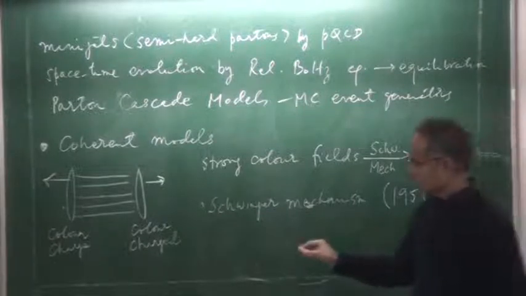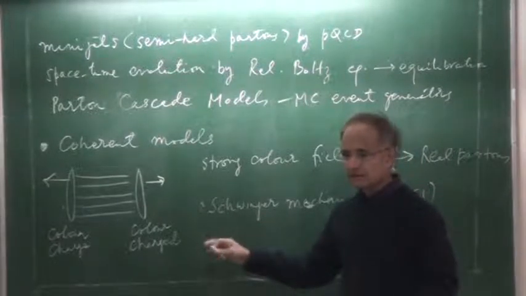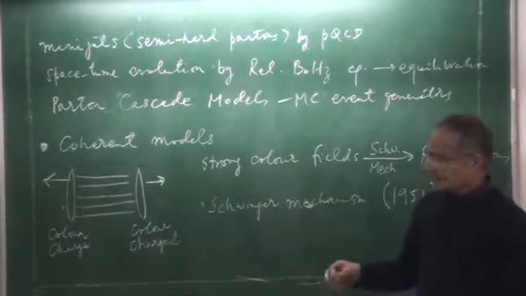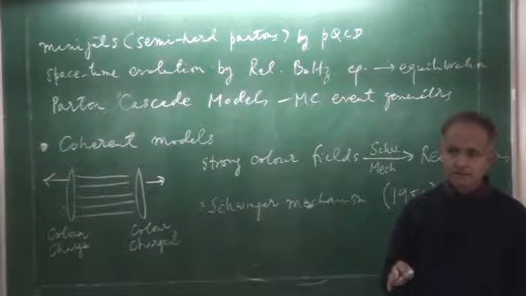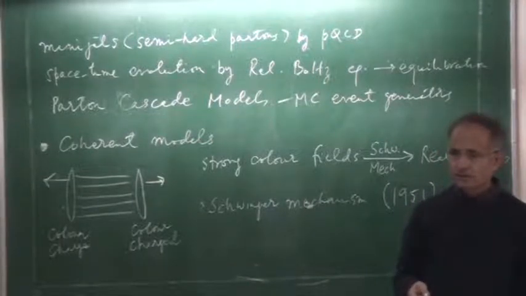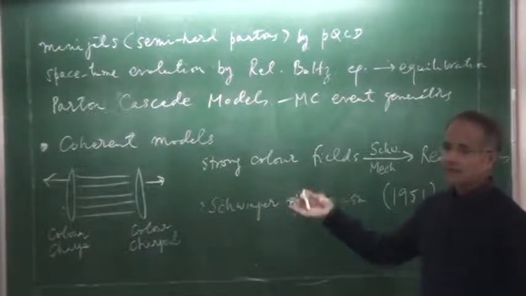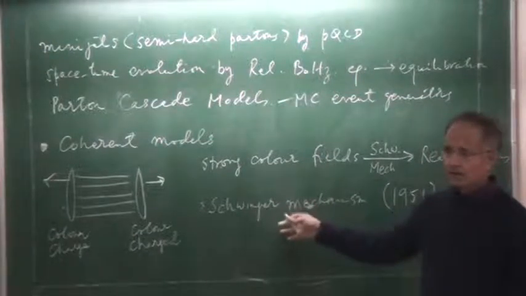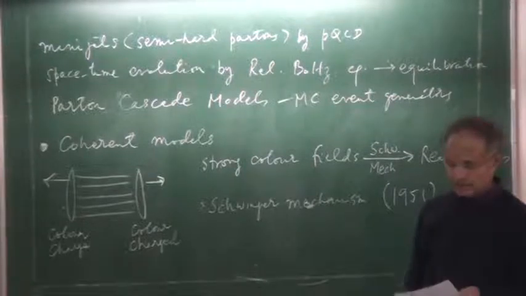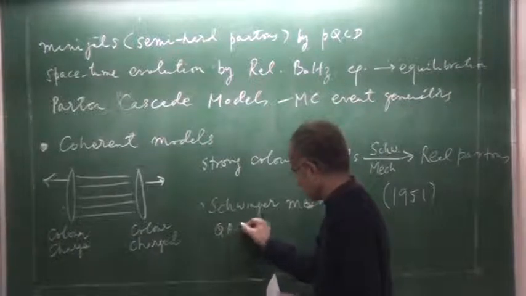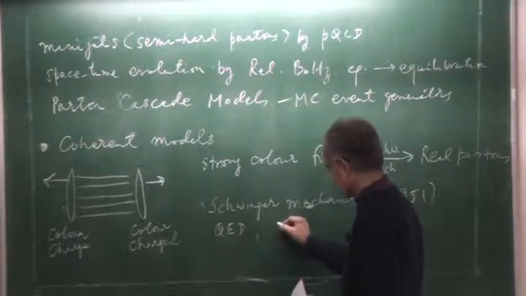He was talking about very strong ordinary electric fields, not color fields, and they spontaneously, if the field is strong enough, can create e+ e- pairs. Electron-positron pairs can be created. So that picture can be adopted for our purpose. Strong color fields can give rise to q q-bar pairs. Schwinger's, of course, is for QED, strong electric fields.